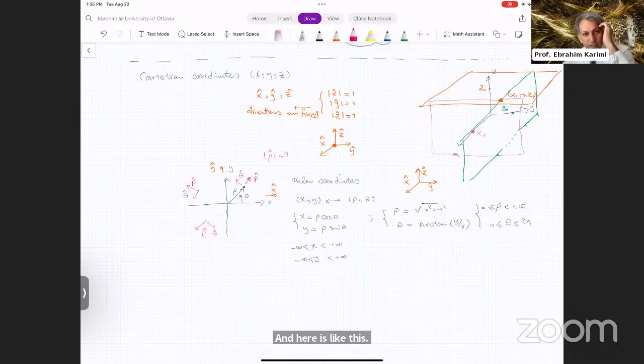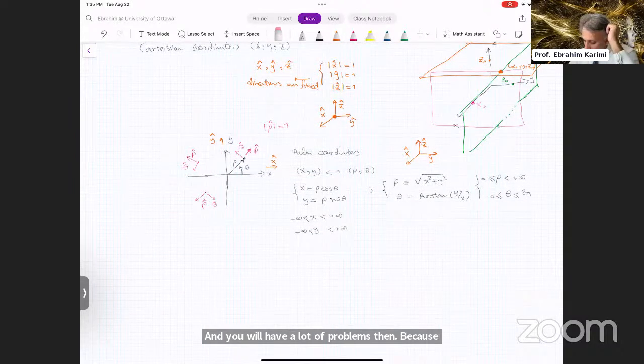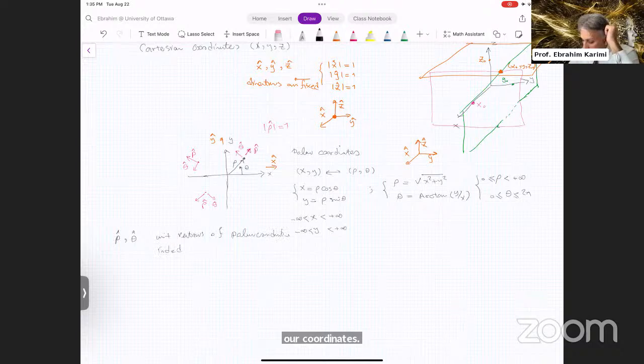And you will have a lot of problems then, because rho hat and theta hat, I mean, the unit vectors of polar coordinates, indeed are coordinate functions. What does it mean?